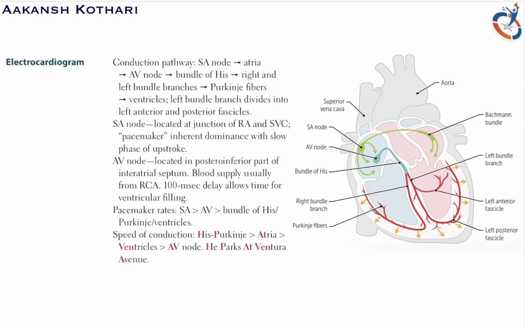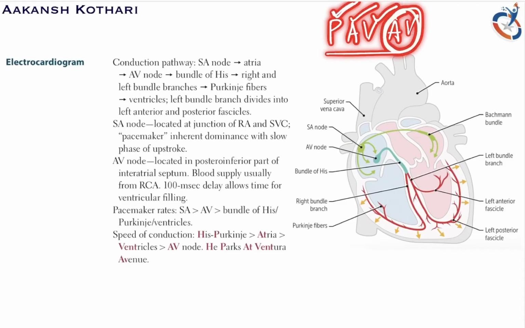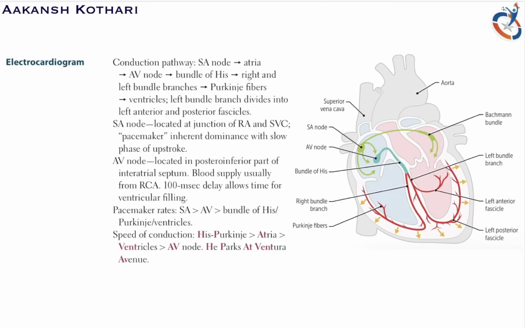You can remember that as PAVBA, that is Purkinje fibers, atria, ventricle, bundle of His and AV node. Is this clear?